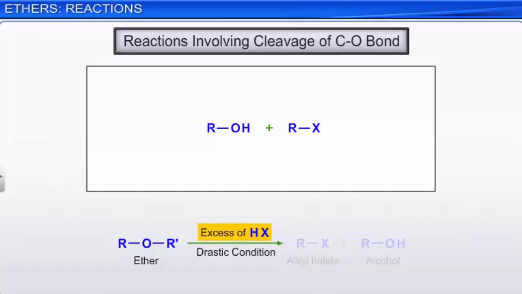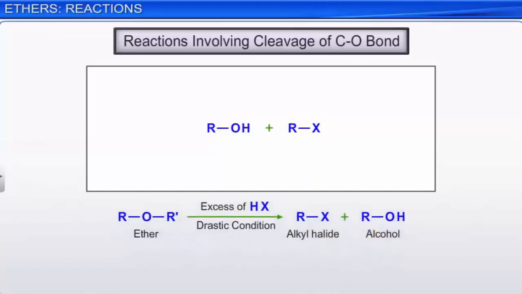In the presence of hydrogen halides, an alkyl halide and an alcohol are produced. The alcohol formed under these conditions then reacts with another hydrogen halide molecule to form a second alkyl halide.